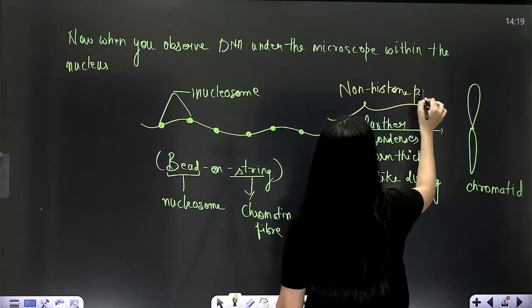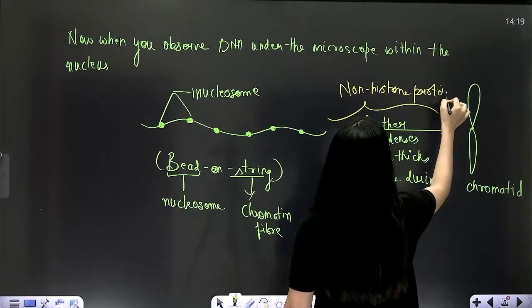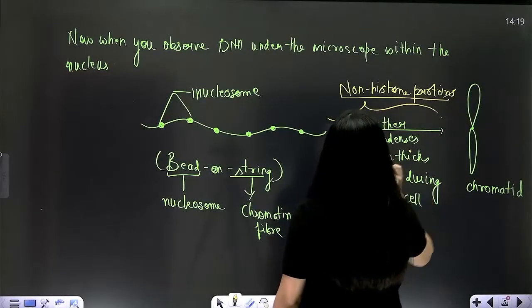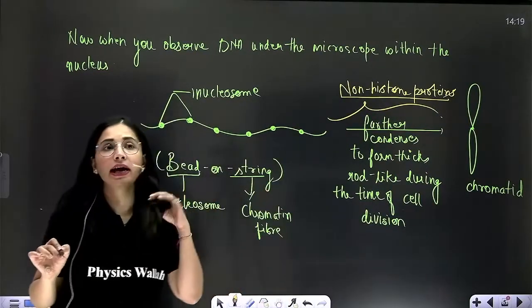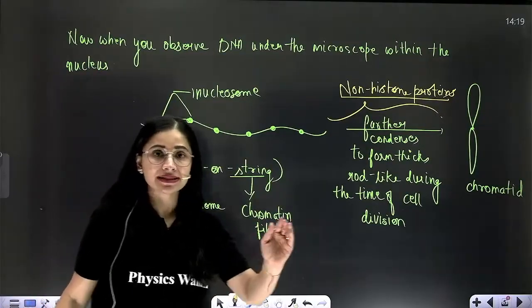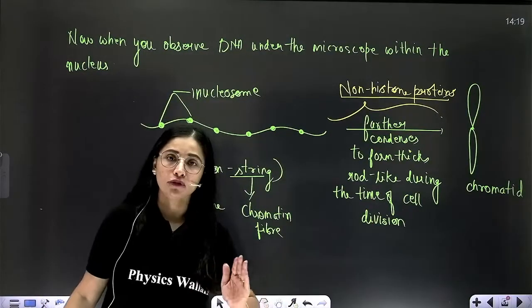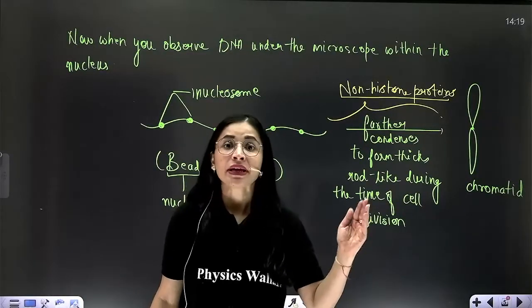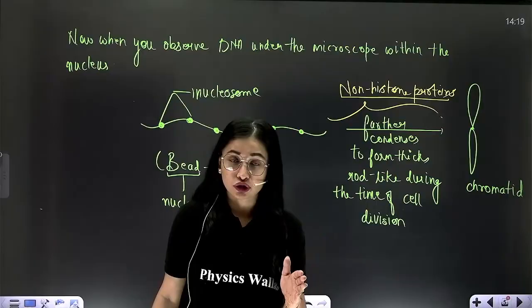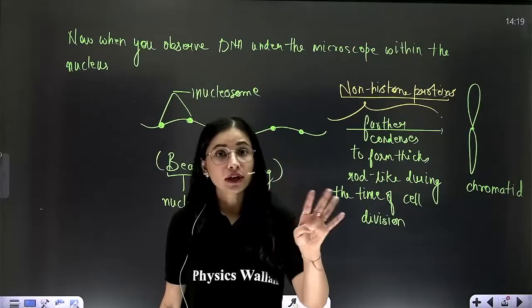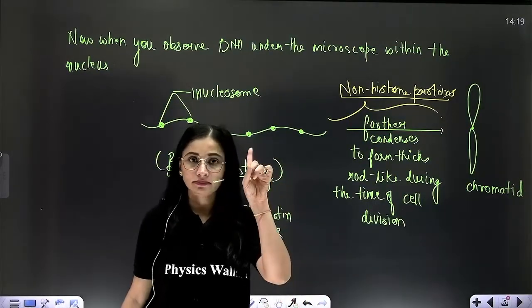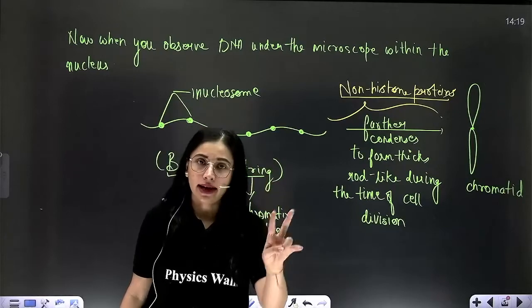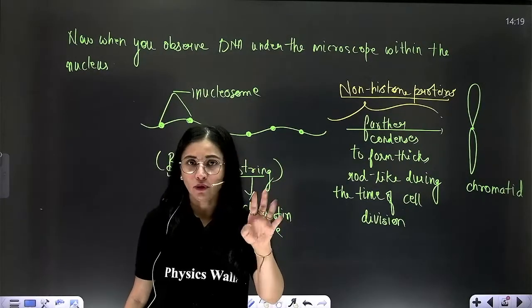non-histone proteins. So higher level of packaging in eukaryotes is also done with the help of non-histone proteins, but the basic level of packaging, that is conversion of DNA into nucleosome, is done with the help of histone proteins. 4 different histone proteins are involved: H2A, H2B, H3, H4.